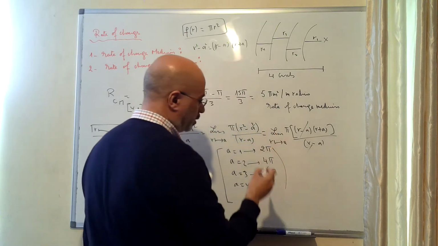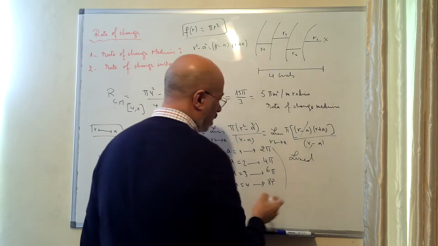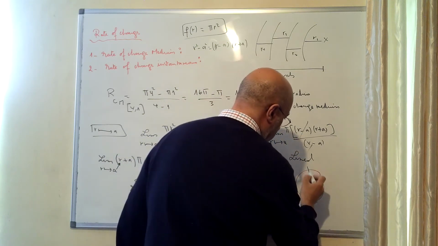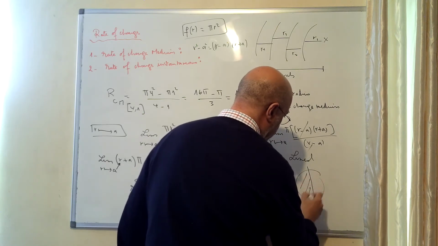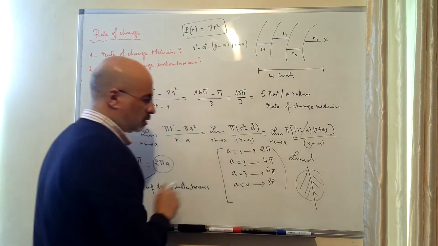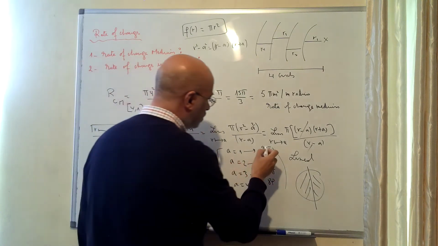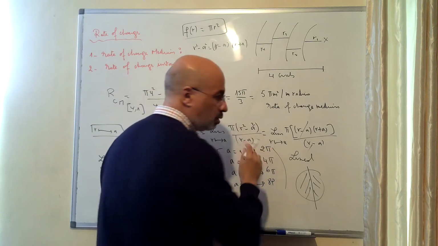Now we observe the result is linear. Why? Because we are talking about a circle, it's symmetrical. This part and this part, they are the same. You should always observe your result. We don't focus only on the numerical value, but on what happened. You should observe your result all the time.